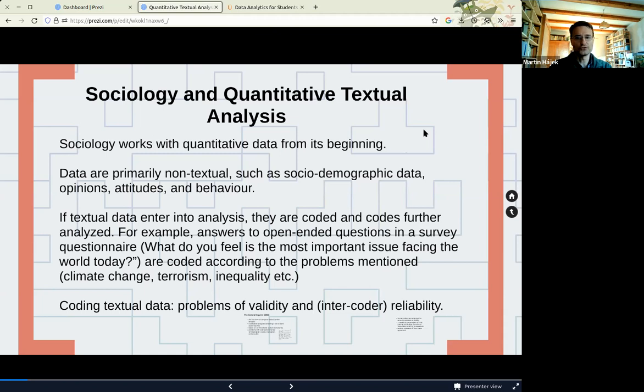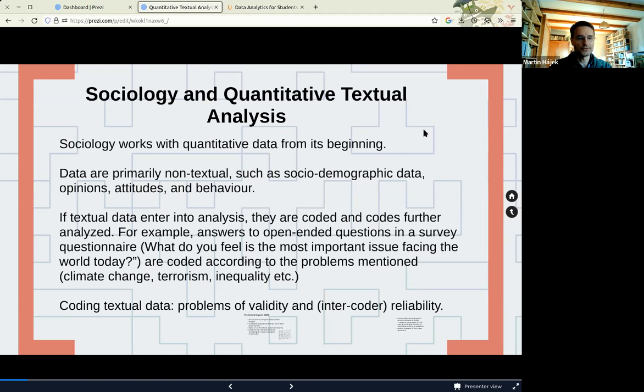I mention two kinds of problems that are related to coding, that is, transforming natural language data into coded categories. The first problem is the problem of validity. It means, do the codes reflect well the coded text? And the second problem is the problem of reliability, or intercoder reliability.